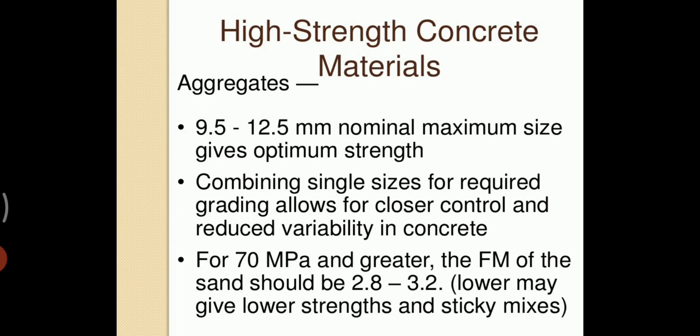Then combining single sizes for required grading allows for closer control and reduced variability in concrete. For 70 megapascal and greater, the fineness modulus of the sand should be 2.8 to 3.2. So these are some criteria that we need to produce the high strength concrete.